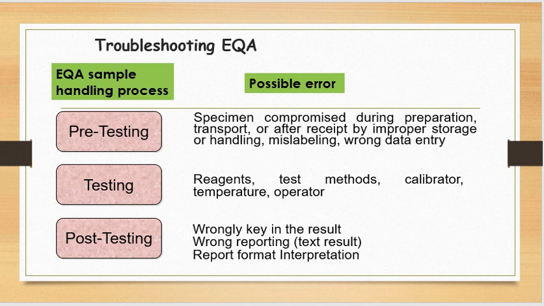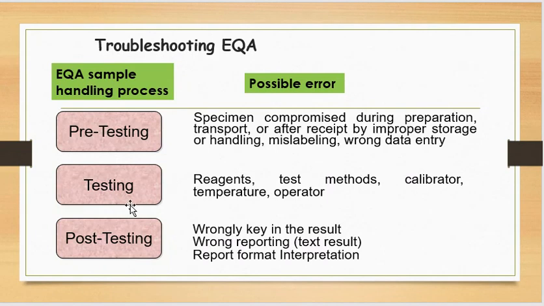And then these are the possible errors when you handle the EQA material, such as in the pre-testing phase: maybe the specimen was compromised during preparation, transport, or after being received by improper storage or handling, mislabeling, or wrong data entry. So you need to troubleshoot. Maybe it comes from the pre-testing area.